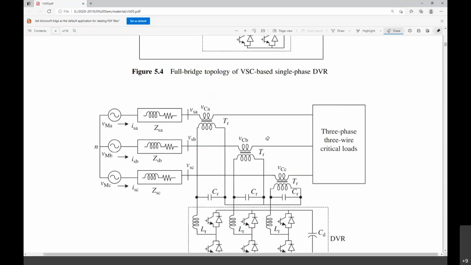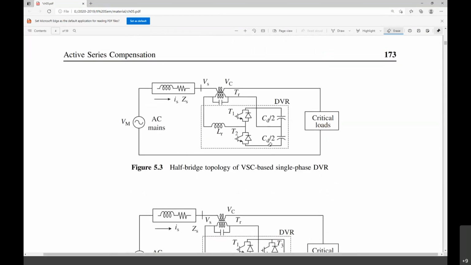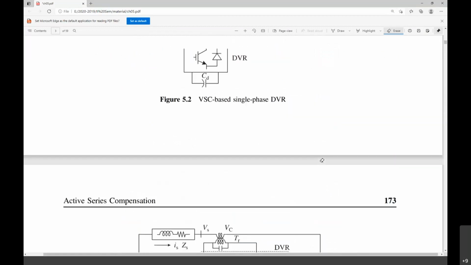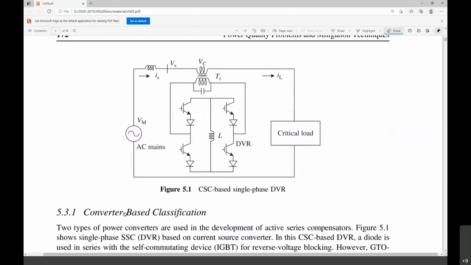This is a textbook written by Professor Bhim Singh, which covers active series compensation. This is based on the converter-based classification. The converter or inverter can be a current source converter or a voltage source converter.